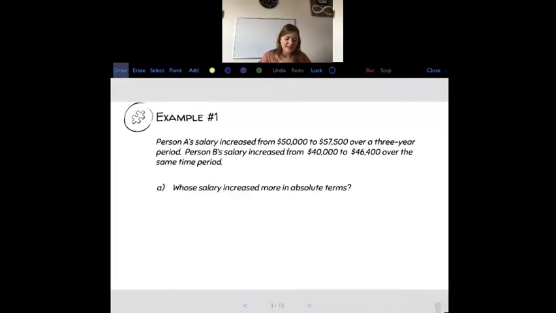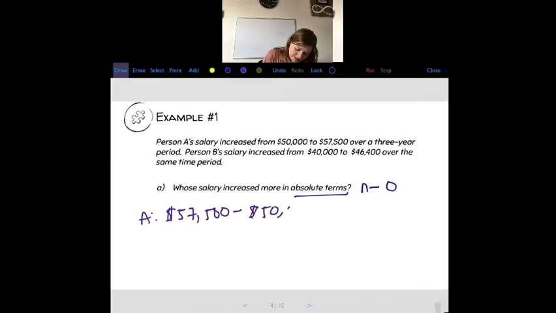Example 1, person A's salary increased from $50,000 to $57,500 over a 3-year period. Person B's salary increased from $40,000 to $46,400 over the same time period. Whose salary increased more in absolute terms? So we see absolute, so we're going to be doing new minus old. So person A, we would take $57,500 minus $50,000, and this would be $7,500.